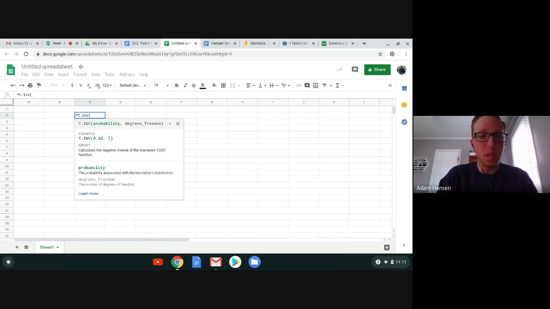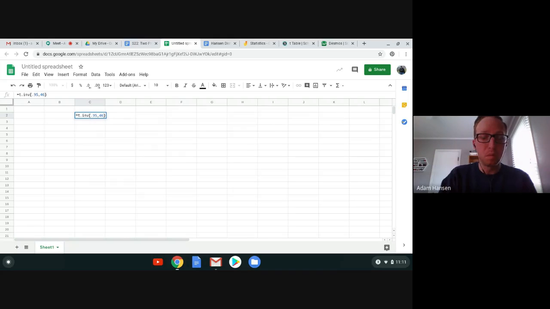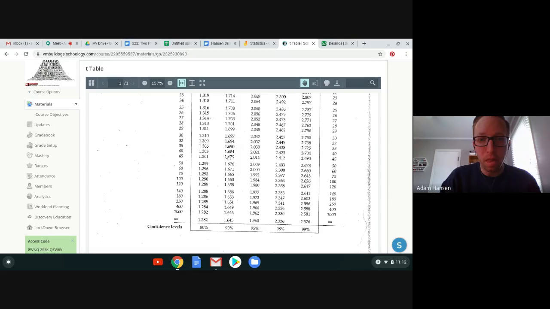And it's going to give me the t-score for a specific distribution. There was 95% of the distribution to the left of the t-score for 46 degrees of freedom. I see about, once Sheets calculates that here, about 1.678, 1.679. So yeah, pretty much the same as what we had on the t-table that we saw here, 1.679.